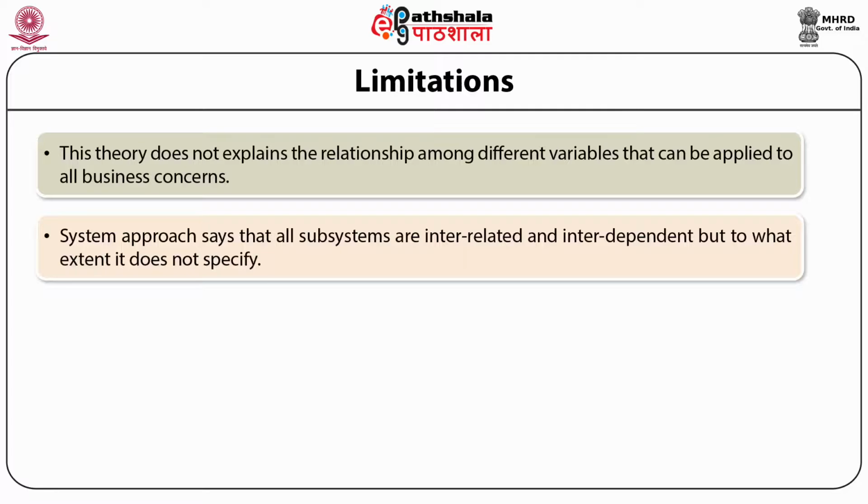It does not explain how much one department depends upon another, and to what level it will affect the total efficiency if one subsystem is not working with another subsystem.